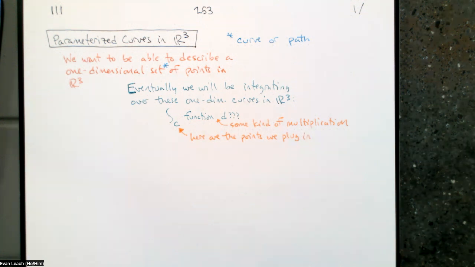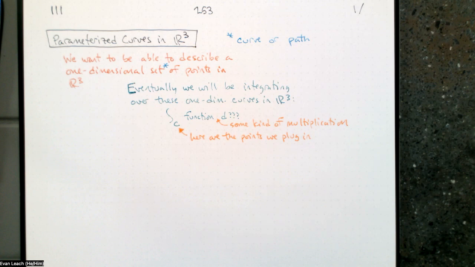This is just a set of points in R3. The reason I keep pointing out that this is just a set of points in R3 is that eventually, because this is calculus class, we're going to take that set and plug it into some integral. And presumably that integral is going to tell us something that we are interested in. I don't know if interested in is the right word. That might be too strong.